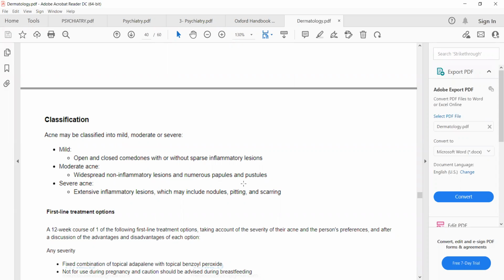If papules and pustules are present, then we will label it as moderate acne. And if nodules, pitting, and scarring are present, then we will label it as severe acne. So for mild acne, comedones; for moderate acne, papules and pustules; and for severe acne, nodules, pitting, and scarring.